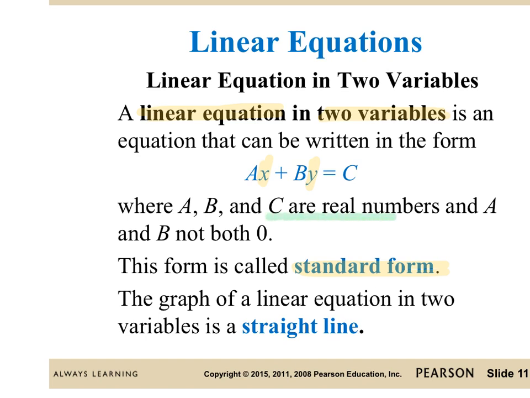So it could be like 2x plus 5y equals -4. The only hitch here is that A and B cannot both be 0. And the remaining thing to remember is that it's a linear equation. Therefore, it's going to graph as a straight line.